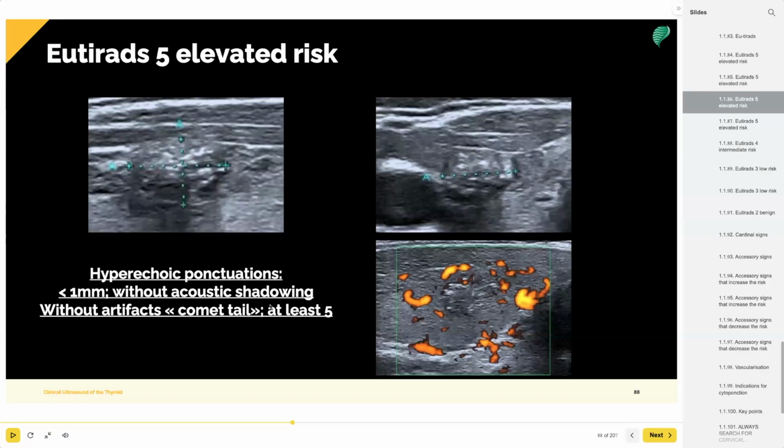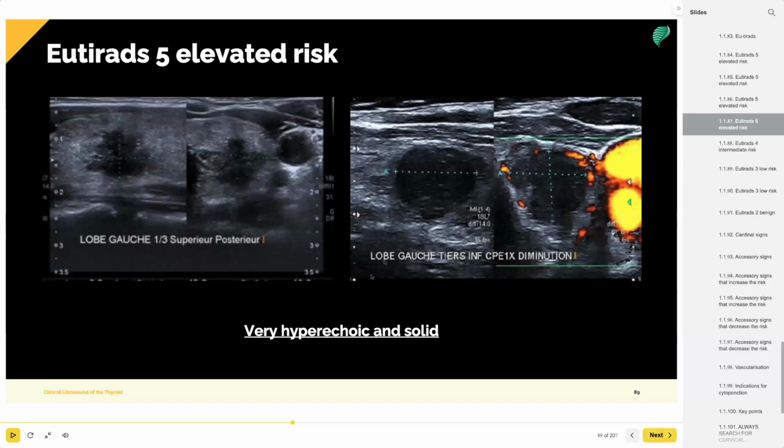We also have some microcalcifications here without the acoustic shadowing. This is also images that would show a level 5 thyroid risk level. This is an image here with indistinct borders as well.